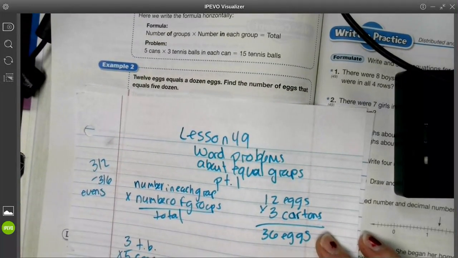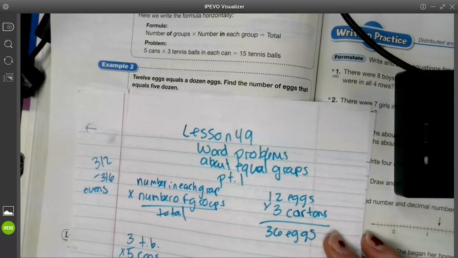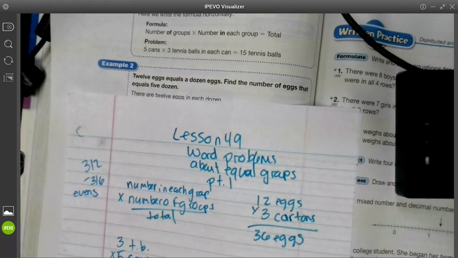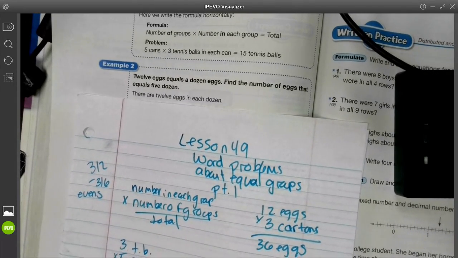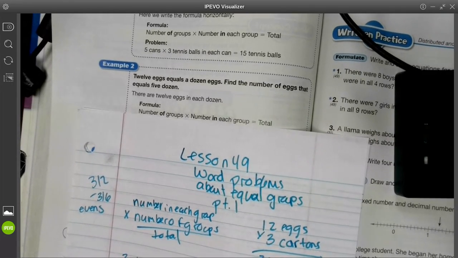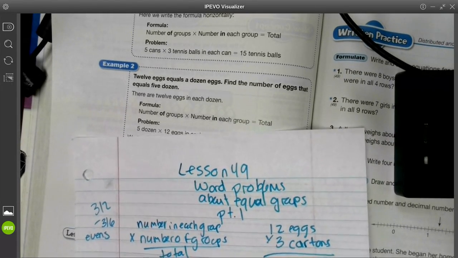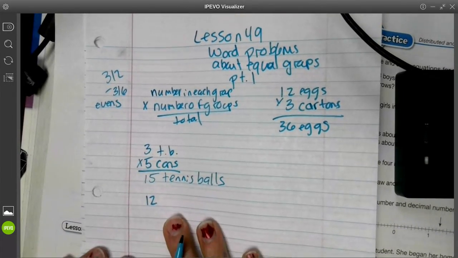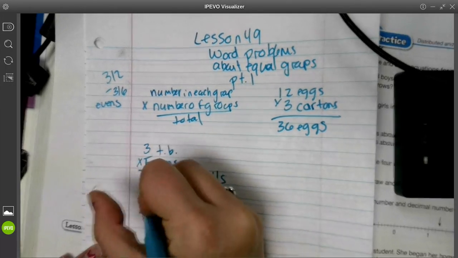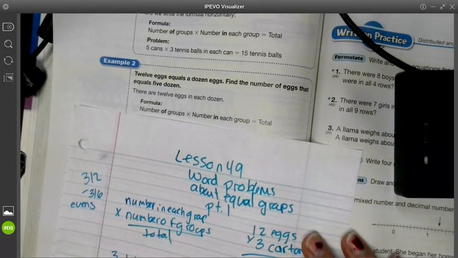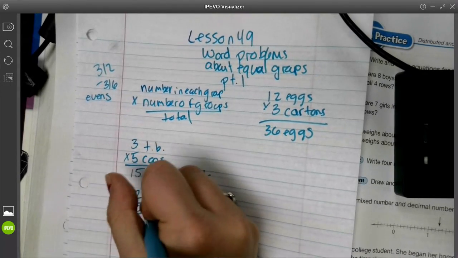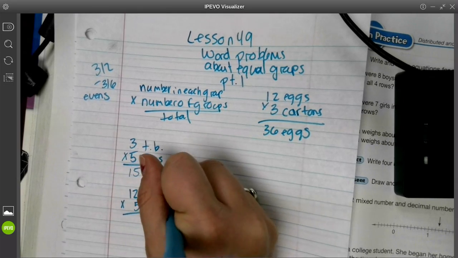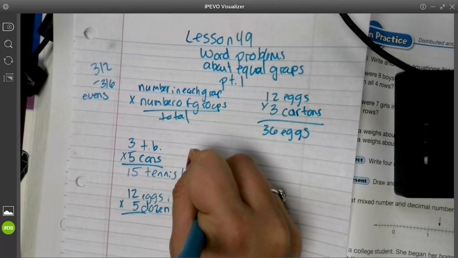12 eggs equals a dozen eggs. Find the number of eggs that equals 5 dozen. If 12 eggs equals 1 dozen, to find the number of eggs in 5 dozen, we're also going to be multiplying. 12 eggs in a dozen times 5 dozen.